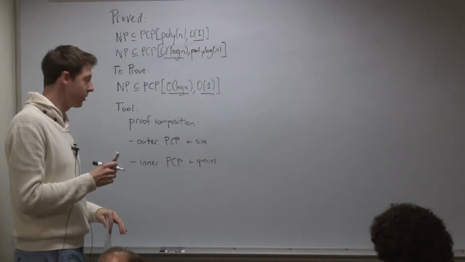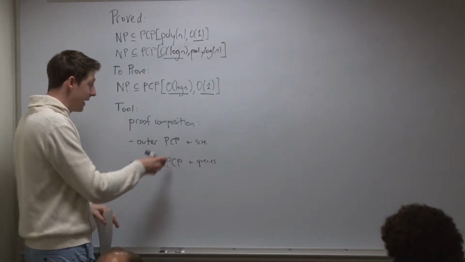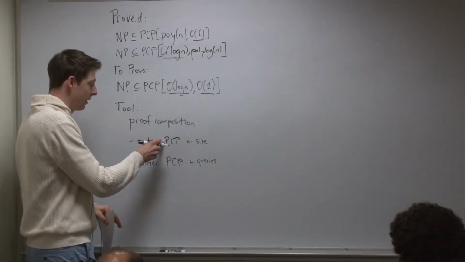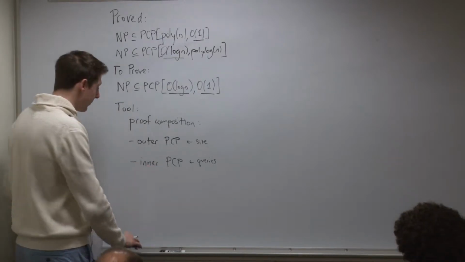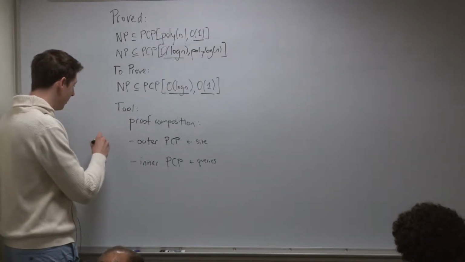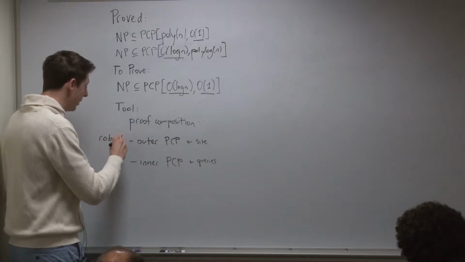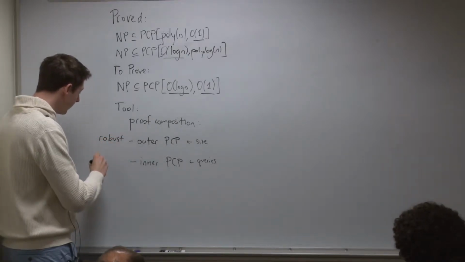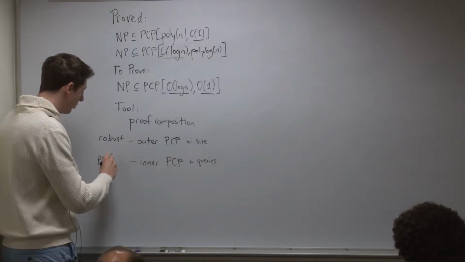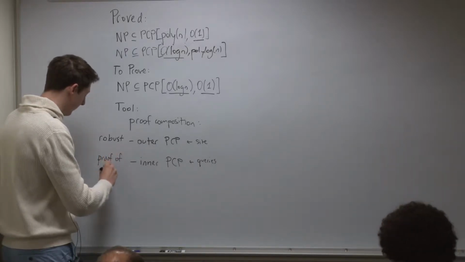So in the next 2 lectures, we'll see what these extra properties are going to be for the outer and the inner PCP. Okay? So we'll see in 2 lectures why we need the outer PCP to be so-called robust, and why we need the inner one to be a so-called proof of proximity.